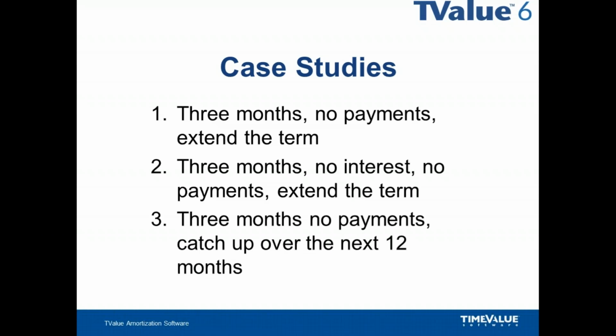Another option is 3 months, no interest, no payments, and extend the term. This is a little bit better for the borrower versus a lender, because the lender is going to take a hit for 3 months on their yield. And the third option, we'll do a little more creative deal structuring: 3 months, no payments, and then catch up over the next 12 payments.